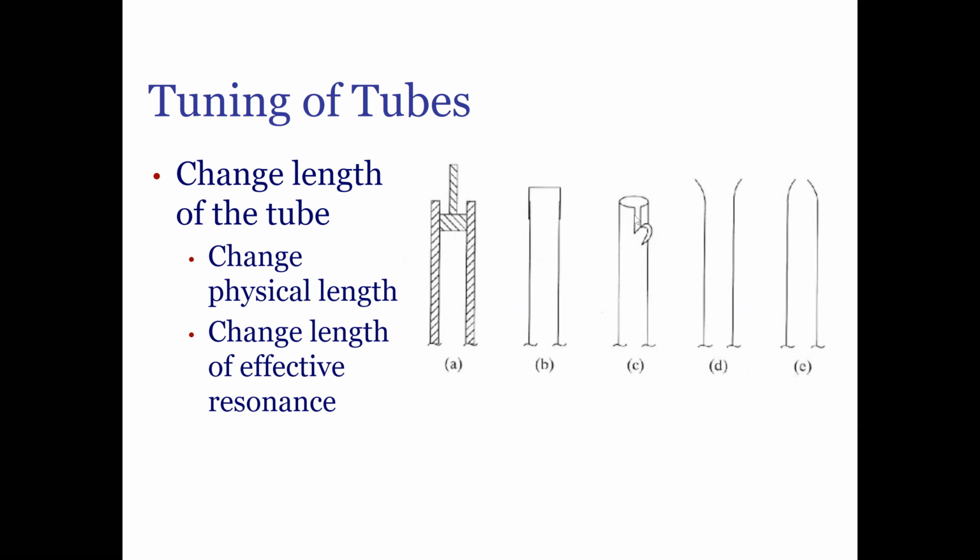You can also open the pipe up. This is commonly done with organ pipes, where you have the far end of the pipe that you can peel back and put back into place to change the effective length of the tube. This effectively allows it to be a little bit shorter when you peel this back. There's also shaping the bell. So the bell end is going to allow longer, lower frequency notes.